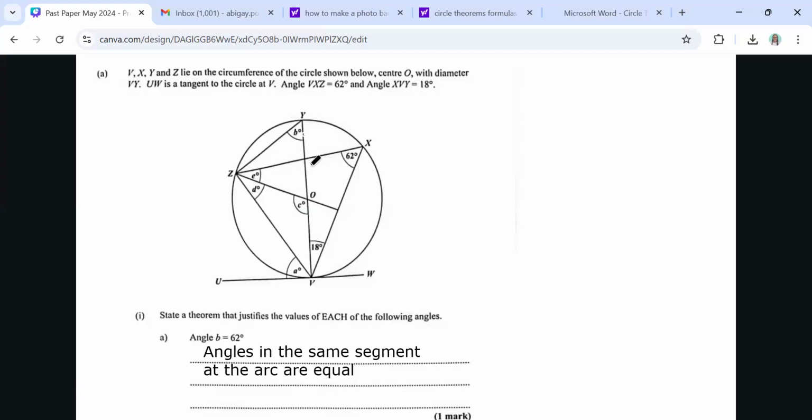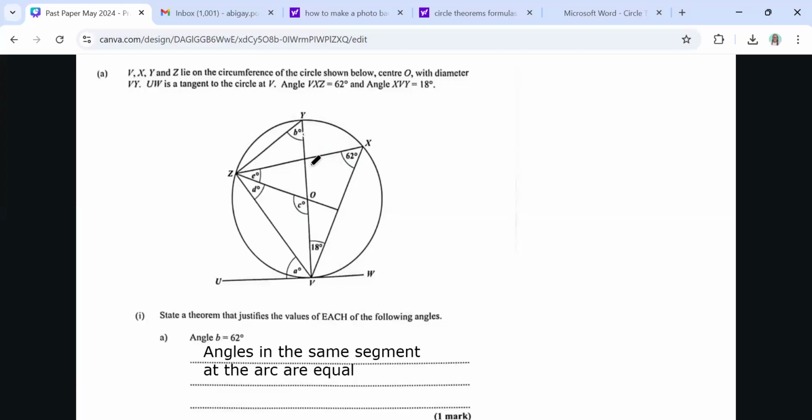Well, let me check. If angle C is at the center, all right, so here's the theorem.